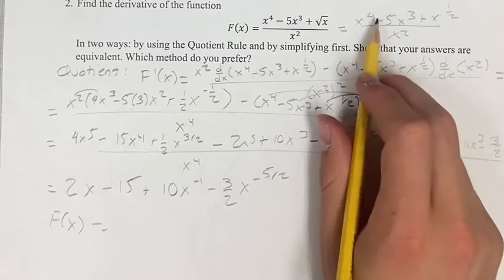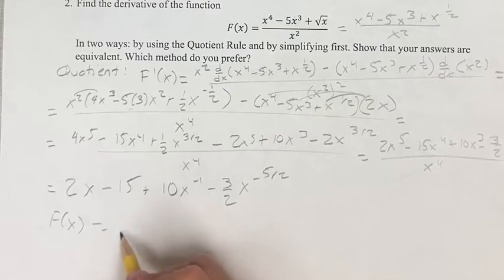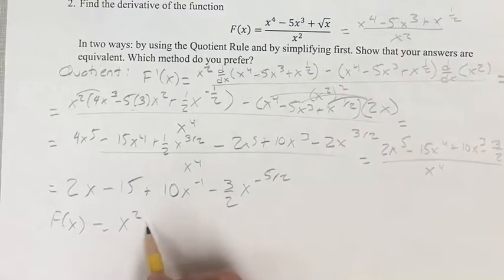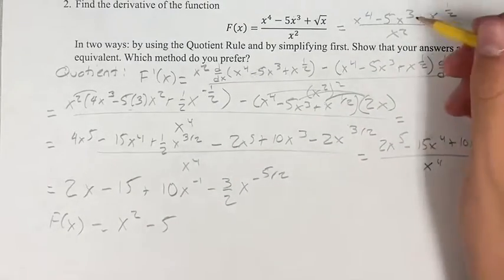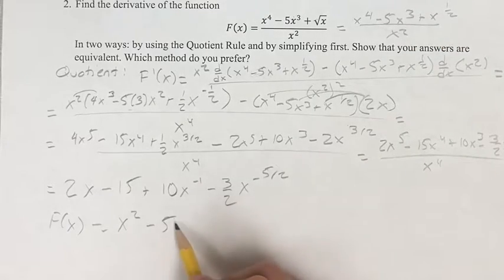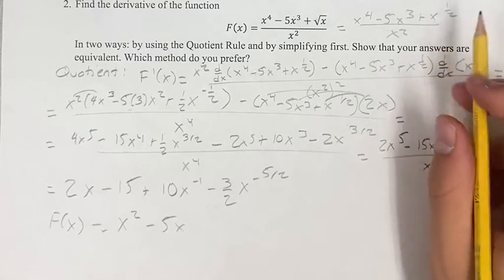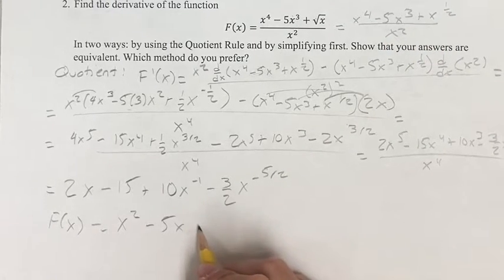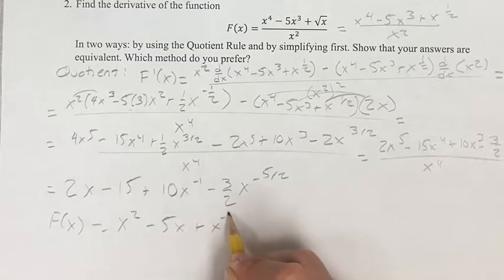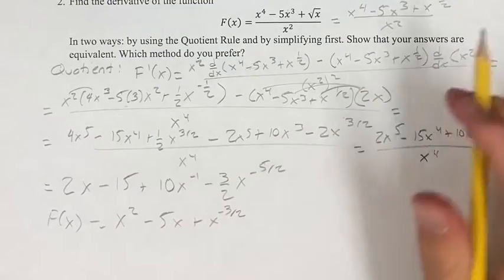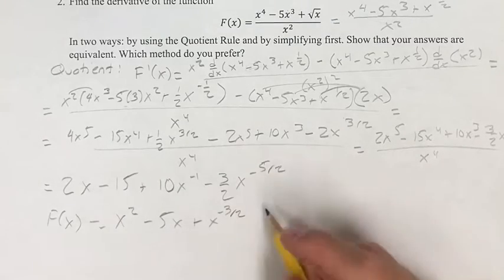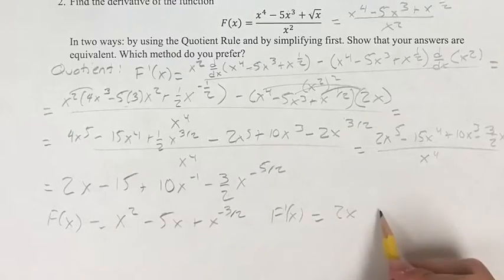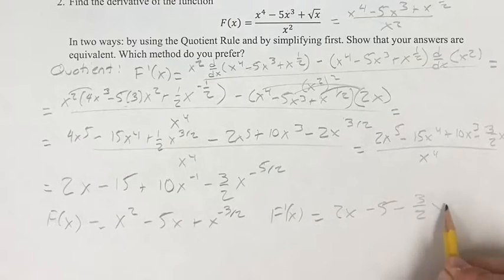We're going to have x to the fourth over x squared, which is x squared, minus 5 times x cubed over x squared, which is x, plus x to the 1/2 over x squared, which is plus x to the -3/2. Again, subtracting the exponents. Going from here, you can take the derivative, which is going to be 2x minus 5 minus 3/2 x to the -5/2.